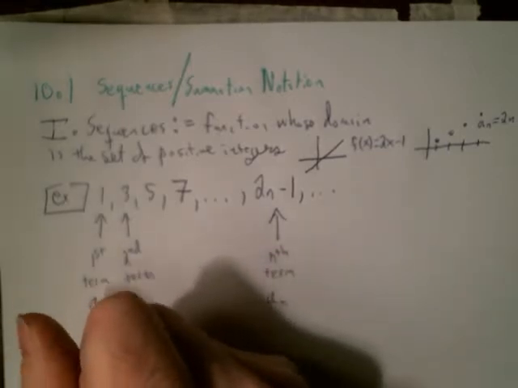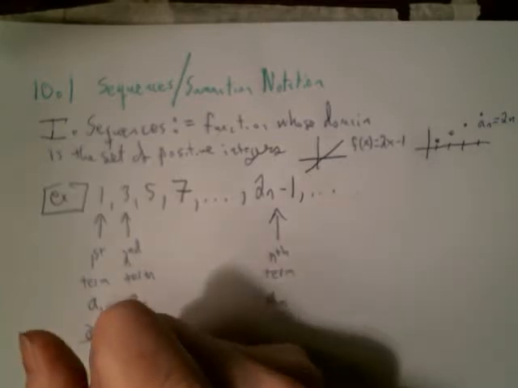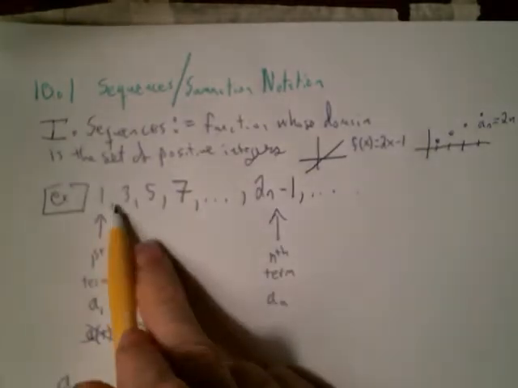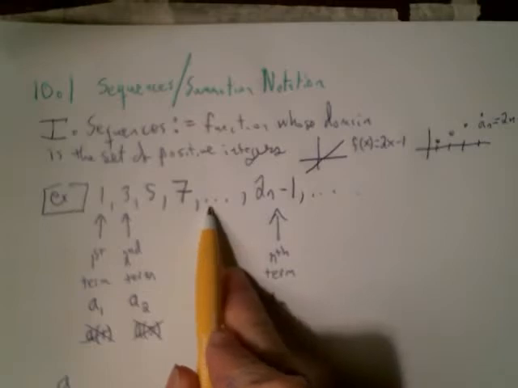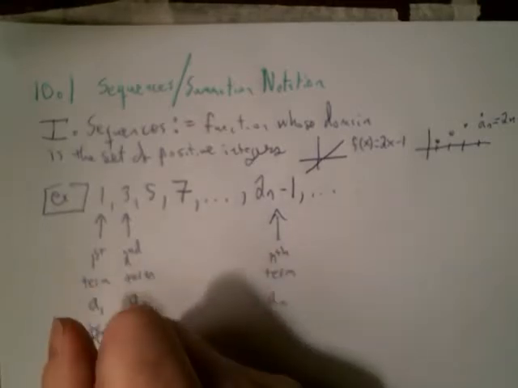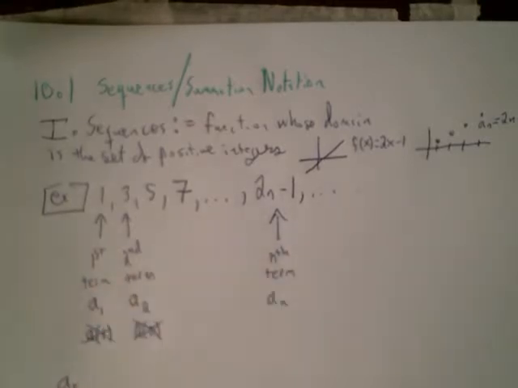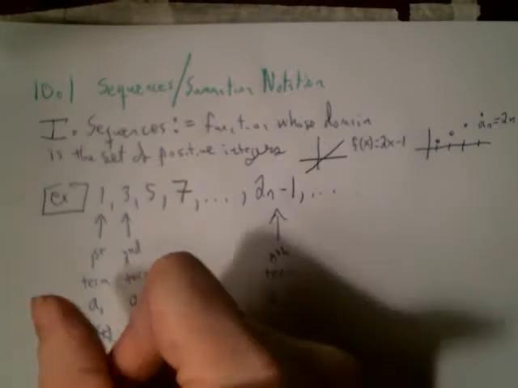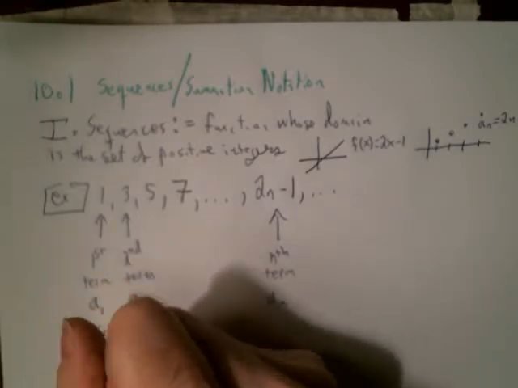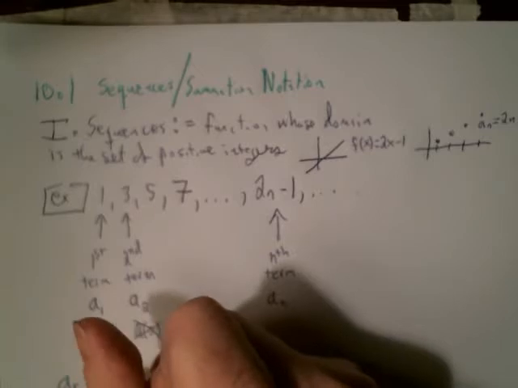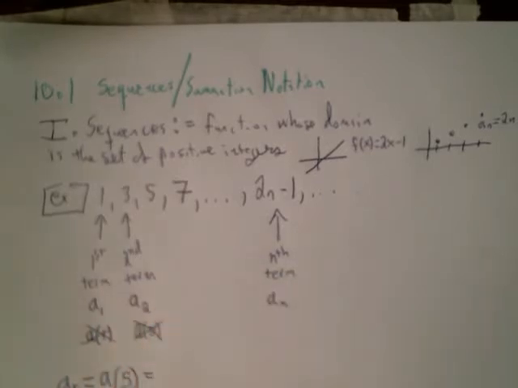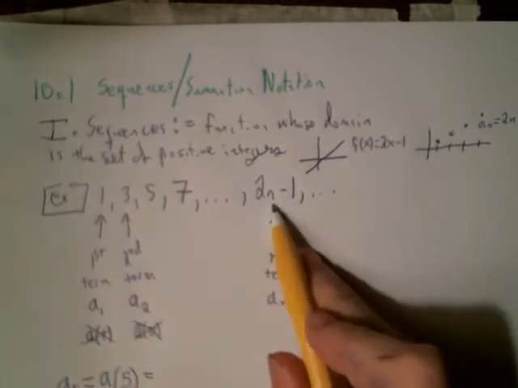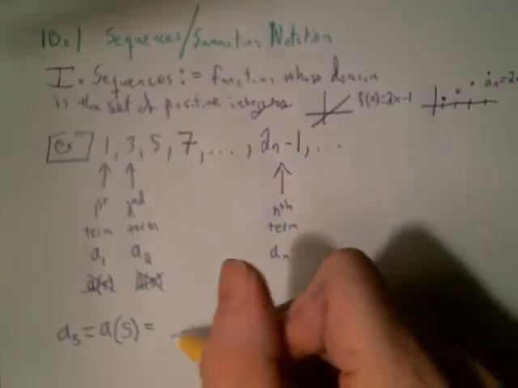So if you wanted a sub 5, and for some reason can't figure out what that is, we could think of a sub 5 as a function a of 5, where you're plopping 5 into this formula. So what is a of 5?